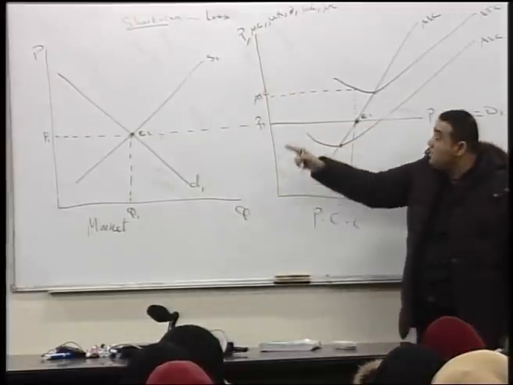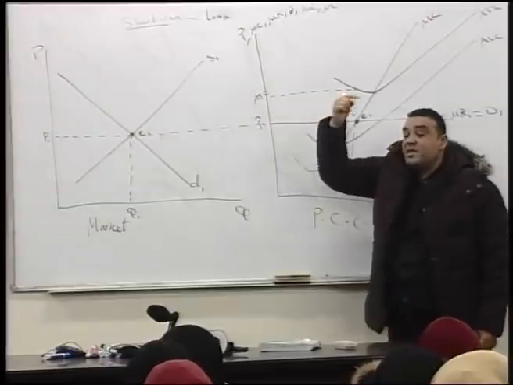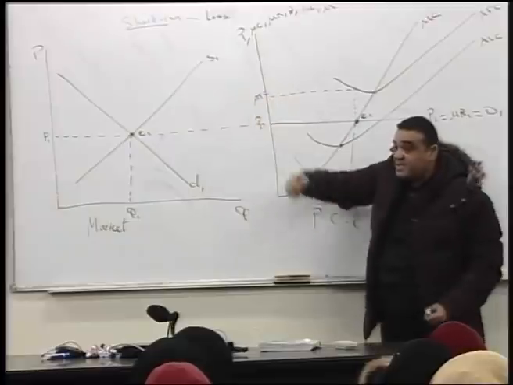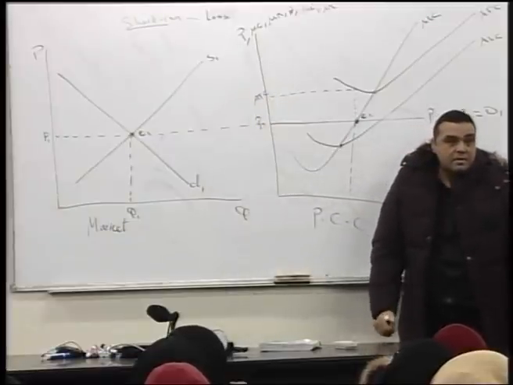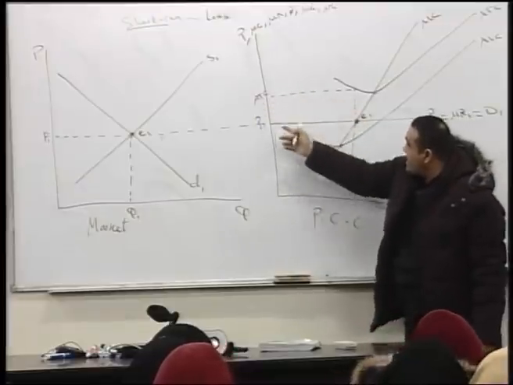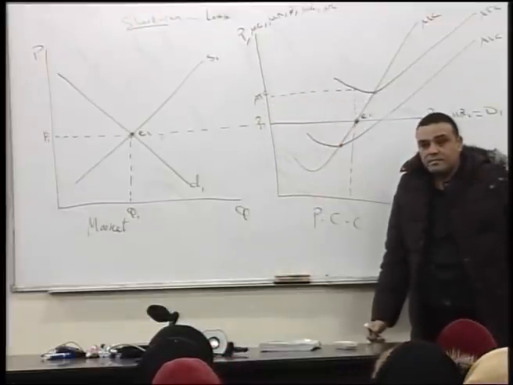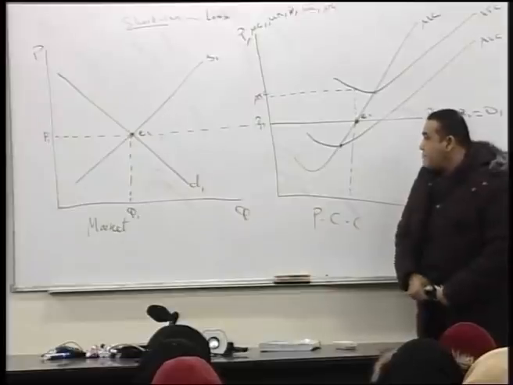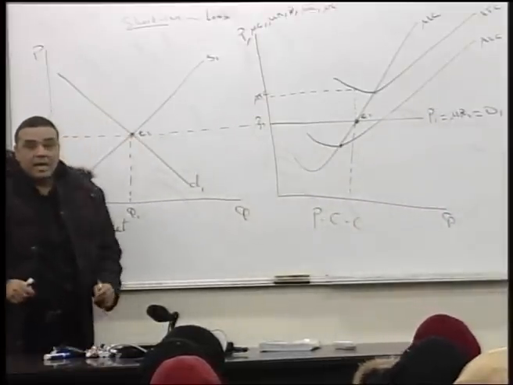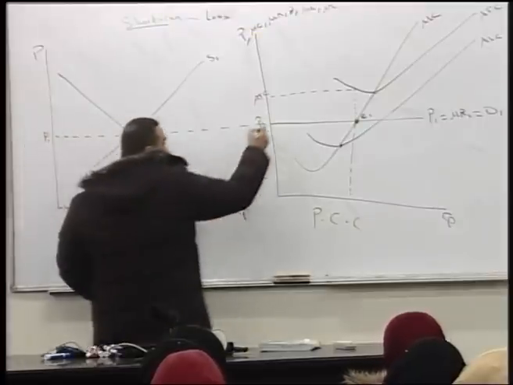Which means that the average total cost per unit is bigger than the selling price per unit, which means that we have a loss by this rectangle here. Okay. Here we have a loss.